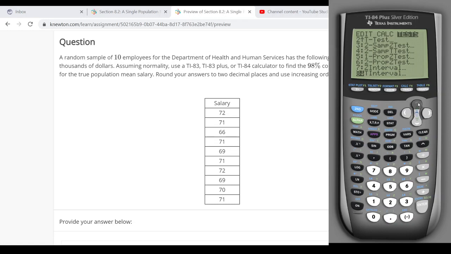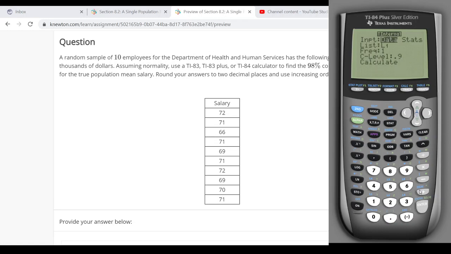Remember, z interval is when I know sigma; you're using z scores. T interval, number 8, is when you don't know sigma and are using t scores, the student's t distribution. So I go to t interval, and this time I don't have the stats. I have just a list of data.